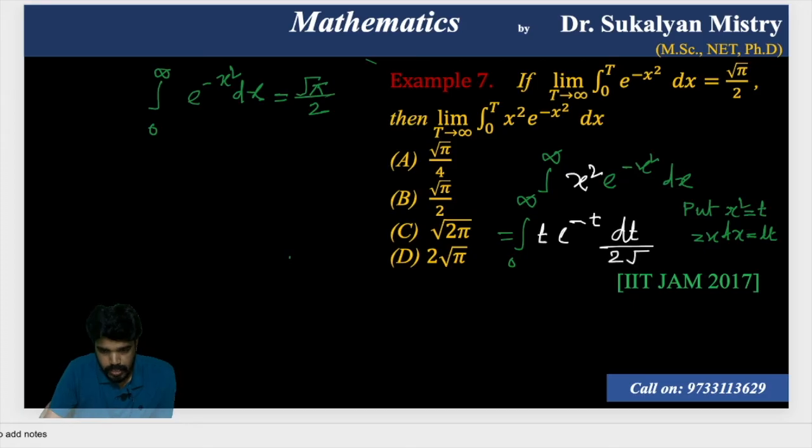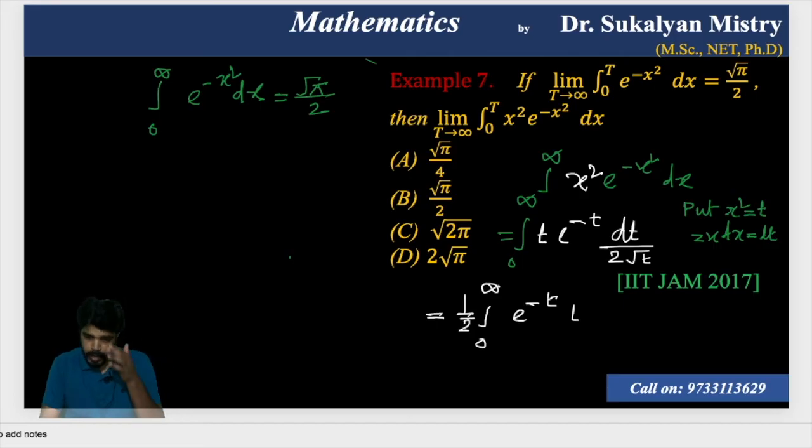So, that is the integration from 0 to infinity of e to the power minus t, times 1 by 2, t to the power 1 minus 1 by 2, that is t to the power half. So, that is 1 by 2 times the integral from 0 to infinity of e to the power minus t, t to the power half dt.